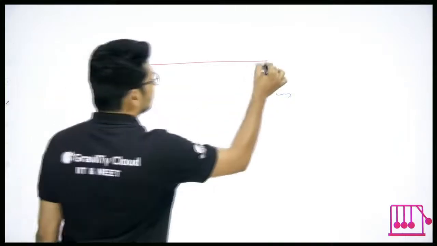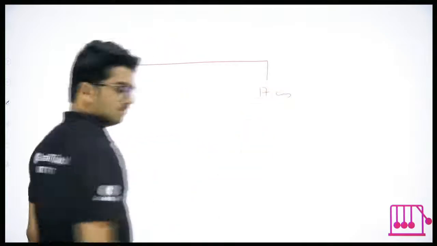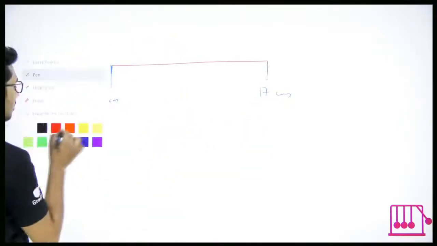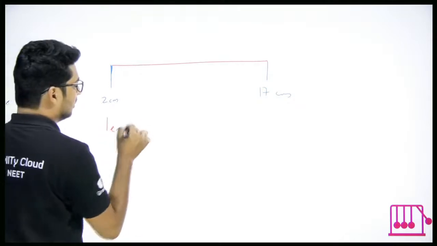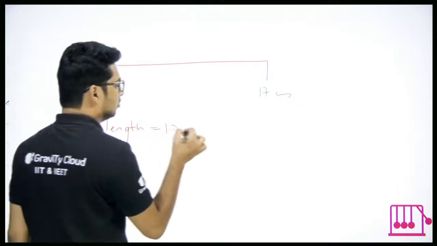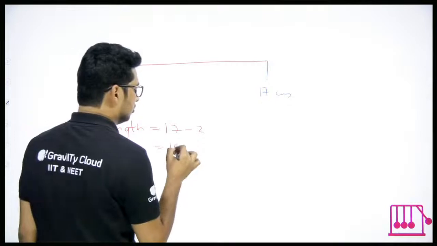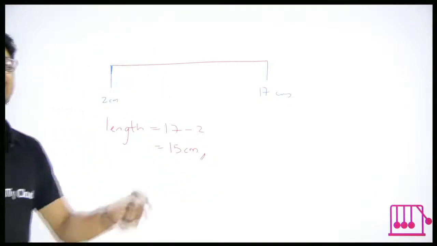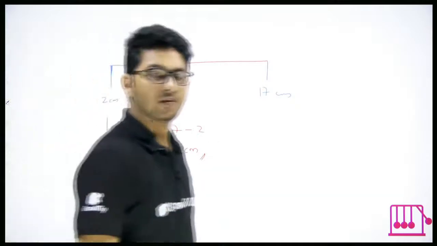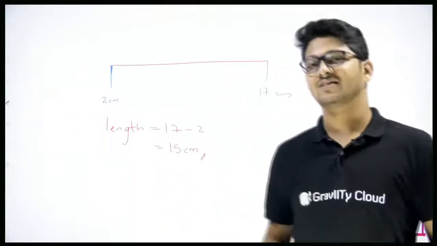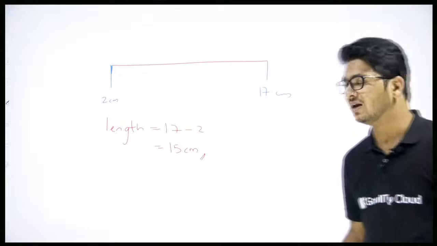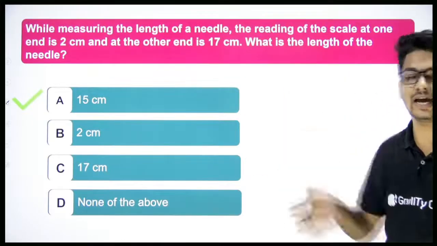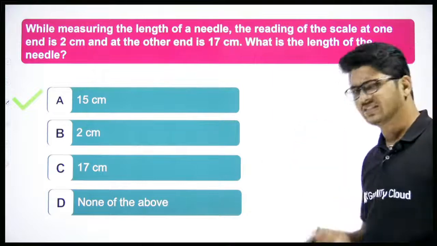To get the length you subtract both the readings, so length will be equal to 17 minus 2. 17 minus 2 is equal to 15, so it will be equal to 15 centimeter. Good? Simple? Done. So the answer is Option A, 15 centimeter. That's it.